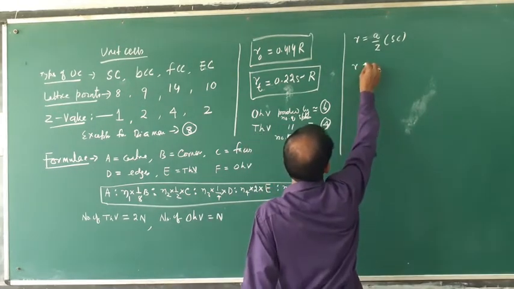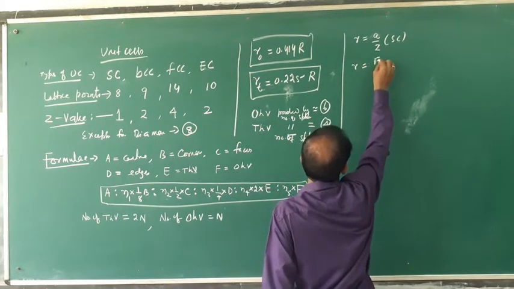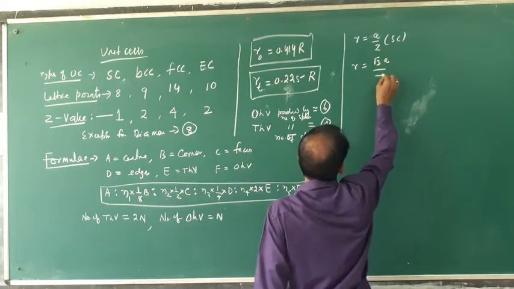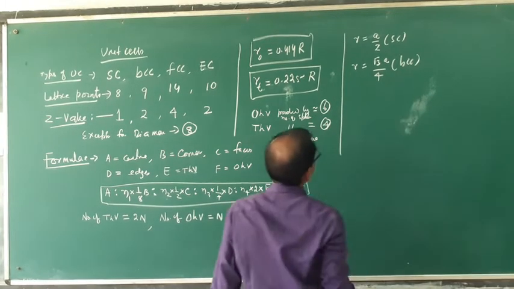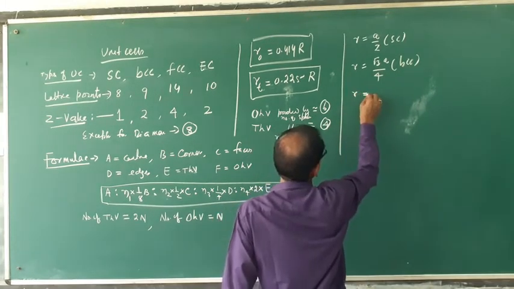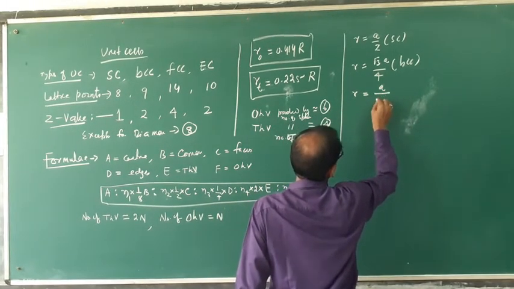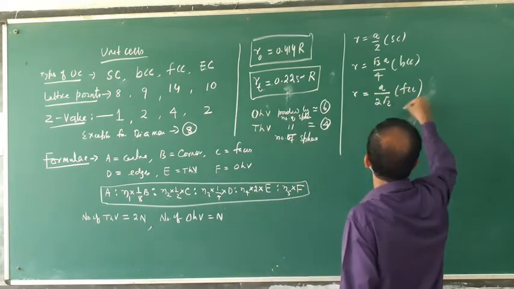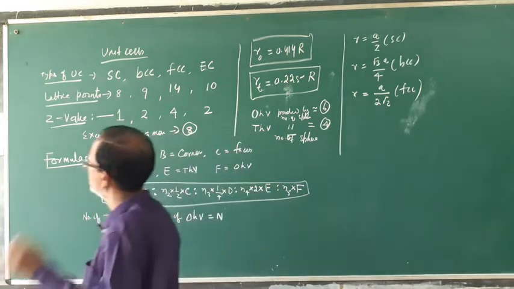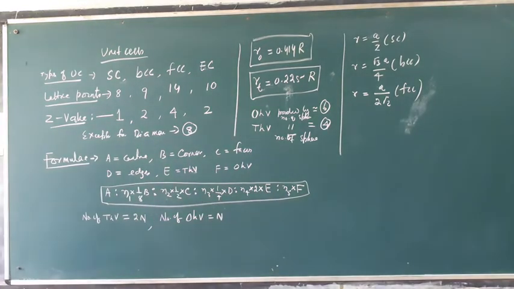R is equal to root 3 A by 4. That is for BCC. R is equal to A by 2 root 2. That is for FCC. Very important. Relation between radius of the sphere and edge length. Edge length means side.